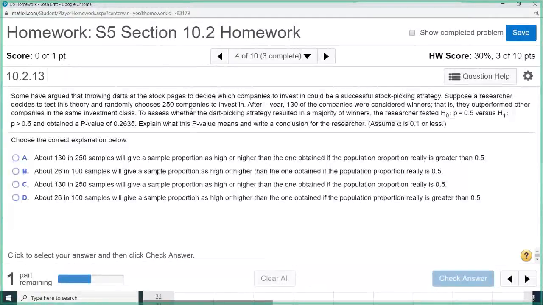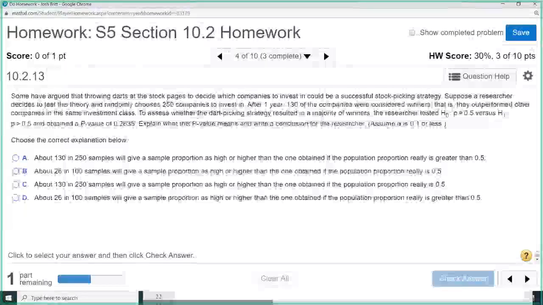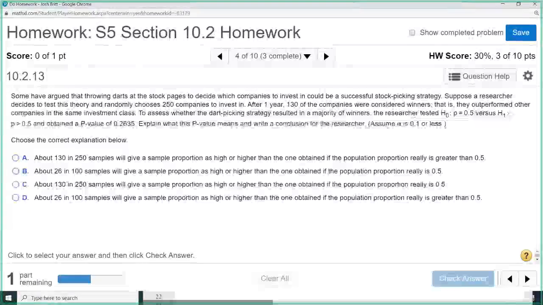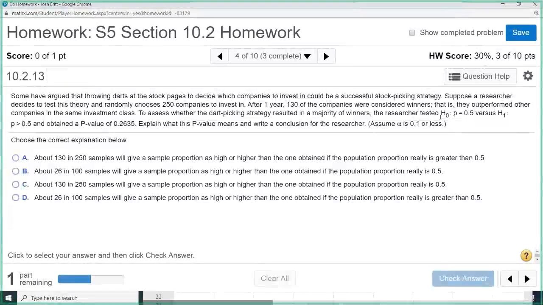To assess whether the dart picking strategy resulted in a majority of winners, the researcher tested. The null is that it's equal to a half, so it's not better, not worse, and then the alternative is greater than half. So it is a good strategy to use when picking stocks. The p-value is 0.2635, which is large. Assume alpha is this, so the p-value is greater than alpha, so we do not reject the null.